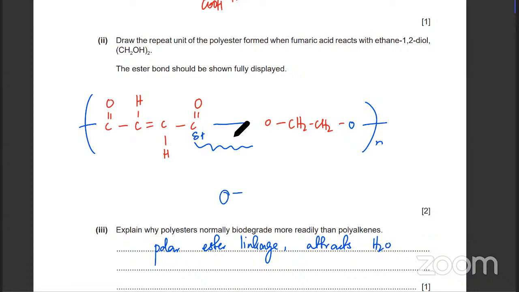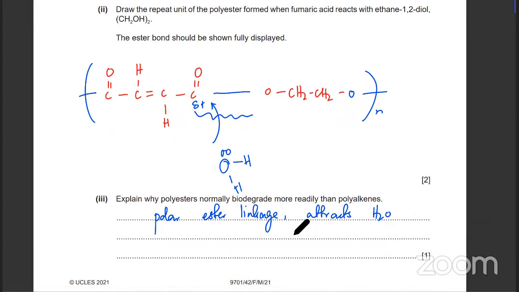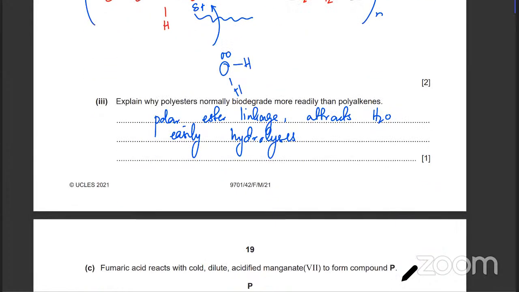So if a water molecule is roaming around, that water molecule with its lone pairs is going to be attracted to this carbon atom, and the repulsion from the lone pair will sort of knock this bond out. The bond is going to break. So the polar ester linkage attracts water, which is why it easily hydrolyzes. Which is why amides and esters both are biodegradable, because they very easily hydrolyze.